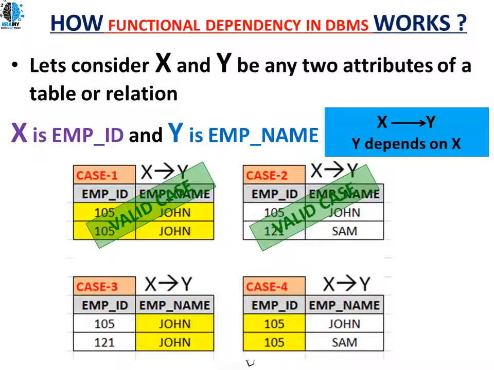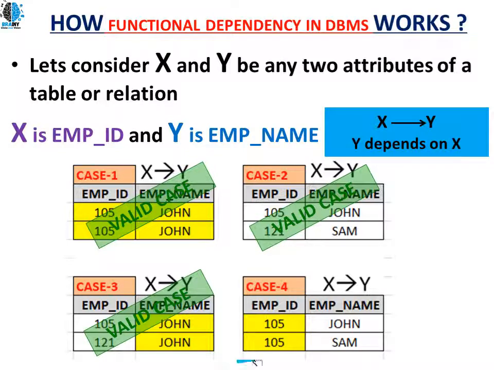Whereas in a database, how to find out? Employee ID is a key attribute by which you can distinguish which John is which person. So I have the employee ID to differentiate between these two Johns. This case is also a valid case.